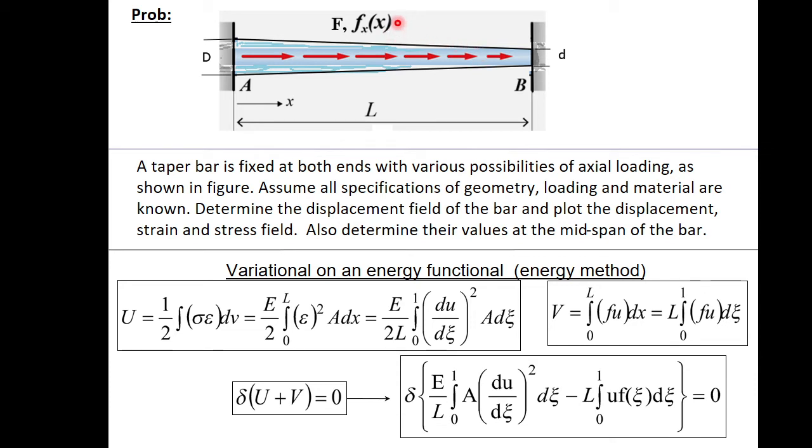If this Fx is equal to x, then the loading is 0 here, and then it becomes L at this point. It can be x square, 1 minus x or 1 minus x square. It can be sin x. You can give any form of this distributed loading. Is it clear? Yes.